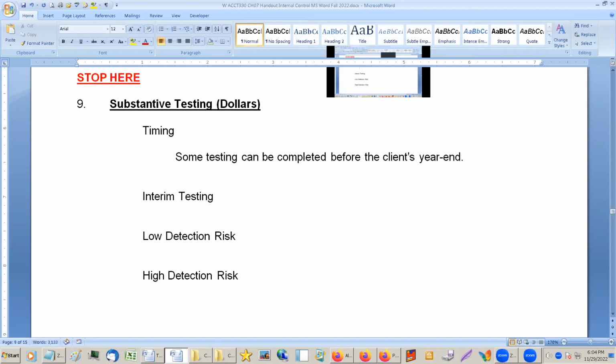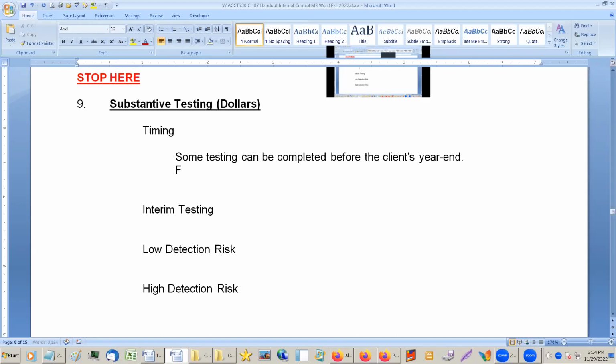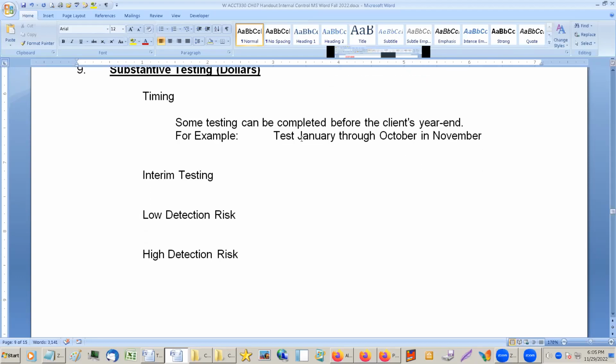So some tests can be done before the client's year end. For example, what I just gave you. You test January through October, get that done ahead of time, and then simply pick up November, December. So you can go in November when it's not busy and do some of that testing.